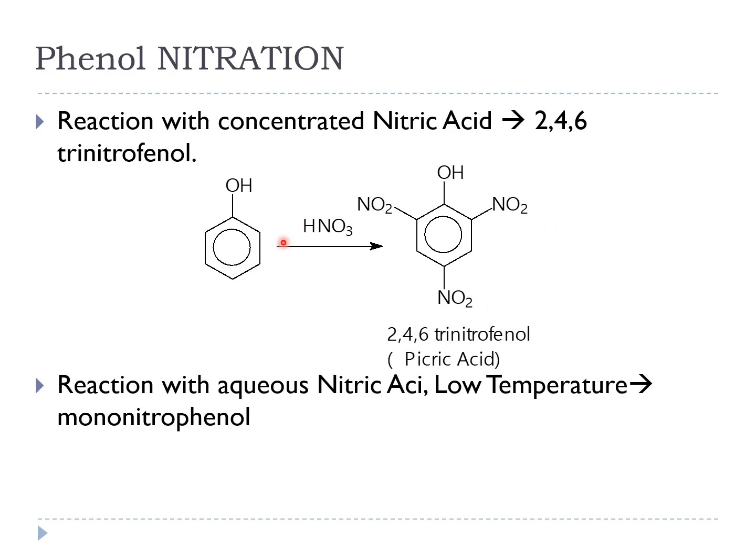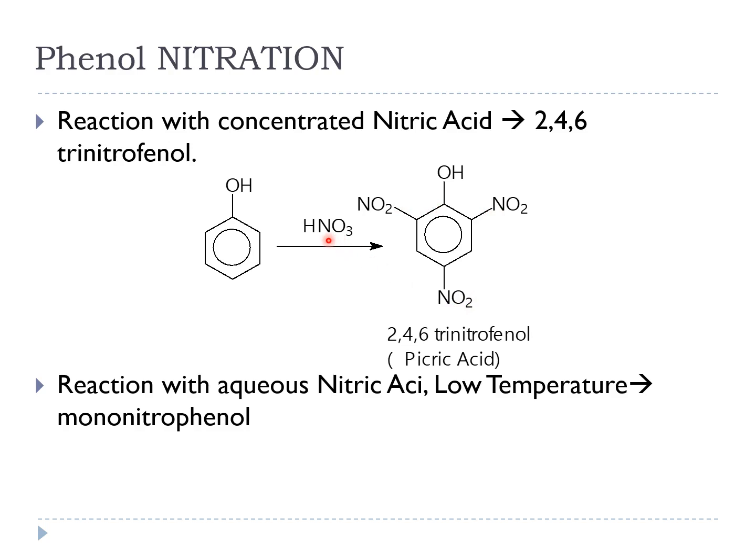Remember, phenol is a very strong activating group. So the substitution reaction will produce a product in ortho and para position. So all position of ortho and para will be filled with nitro group.